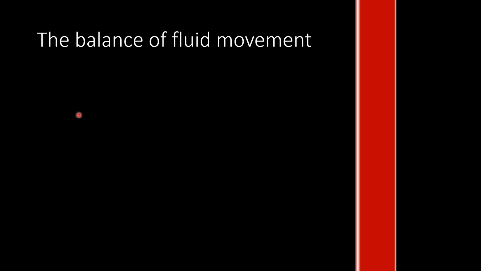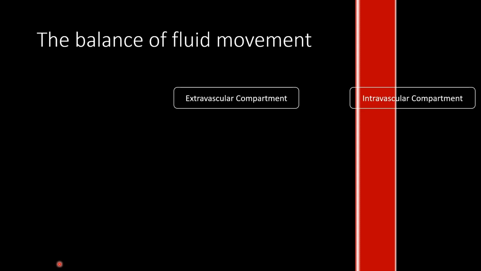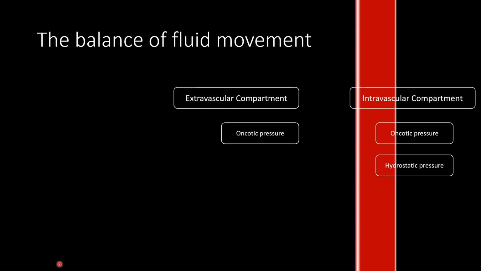So the balance of fluid movement inside the body is like this: there is an extravascular compartment and there is an intravascular compartment. In the intravascular compartment, there is oncotic pressure due to proteins and hydrostatic pressure due to the fluid pressure. Similarly, oncotic pressure and hydrostatic pressure are present in the extravascular compartment also, and the balance of fluid movement between the extravascular and intravascular compartment is determined by the balance between the oncotic and hydrostatic pressures.